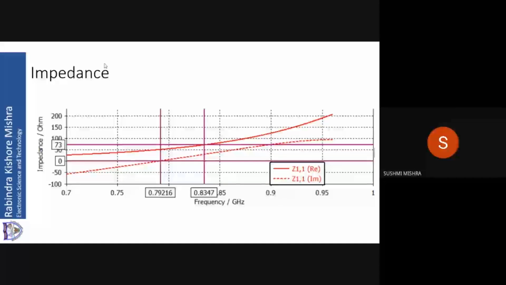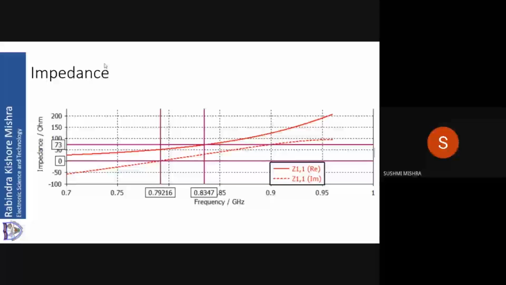If I look at the real and imaginary part of the impedance, I see that the imaginary part, shown by the dashed line, becomes zero at 0.79216 gigahertz, whereas my real part gives me a value of 73 ohm at 0.8347.